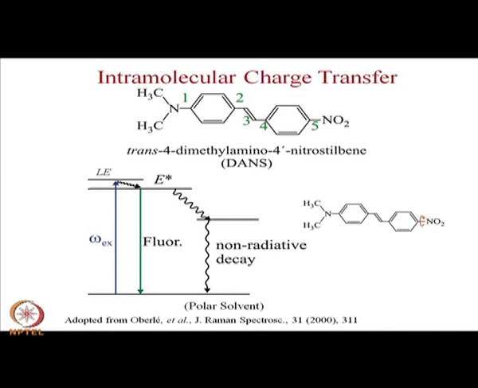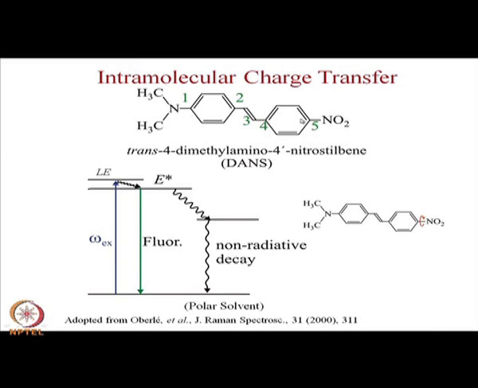So, what is happening is that when nitrogen gives one electron, through this push pull type of mechanism, this electron through conjugation ultimately reaches this nitro group. As a result, in the same molecule you can have one part delta plus and another part delta minus.